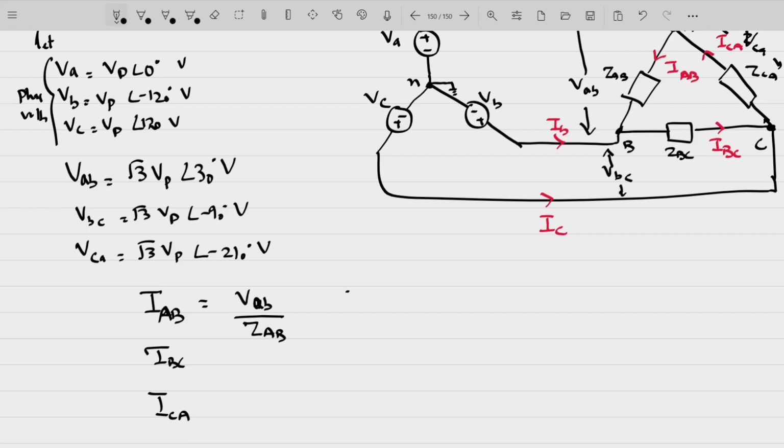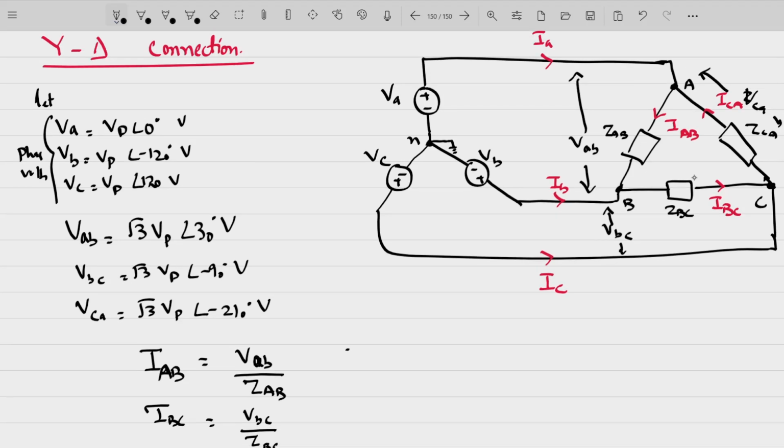That is the impedance across this particular point. IBC is VBC divided by ZBC. ICA is VCA divided by ZCA.